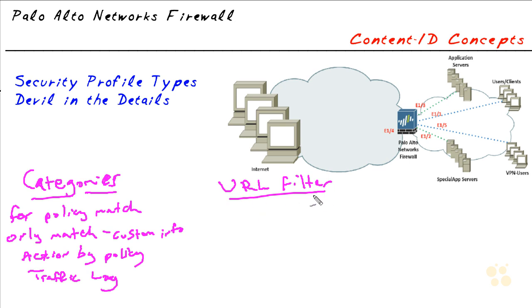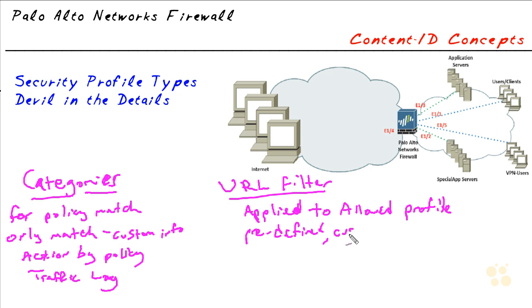Now, URL filtering, on the other hand, is applied to allowed traffic. Applied. So the allowed security profile, that traffic in there. I can do predefined, custom, whitelist, or blacklist.